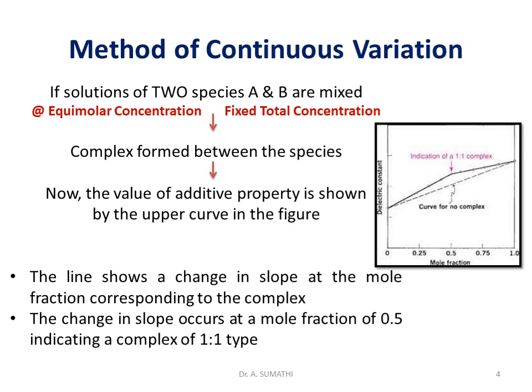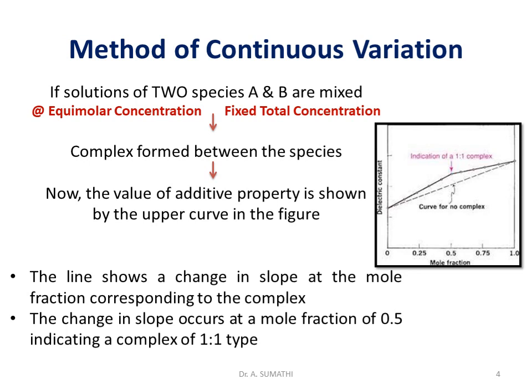Here we are constructing the graph between mole fraction and dielectric constant. The line shows a change in slope which corresponds to complex formation, and the slope change occurs at the mole fraction of 0.5, indicating a complex of 1:1 type.